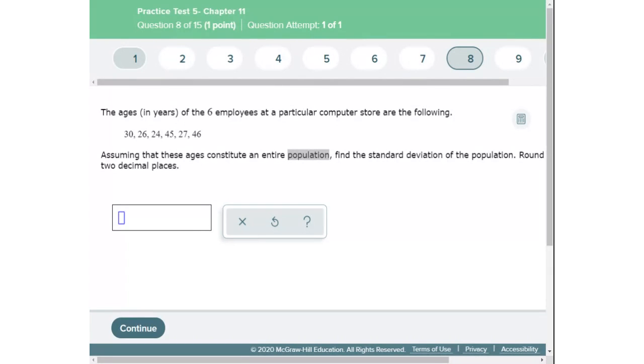All right. Let me switch over here. All right. So, wrong one.